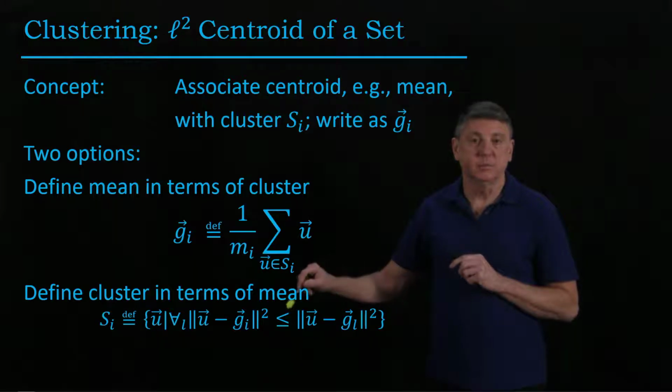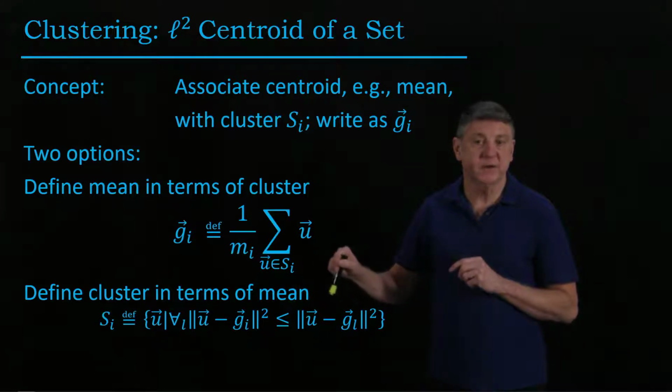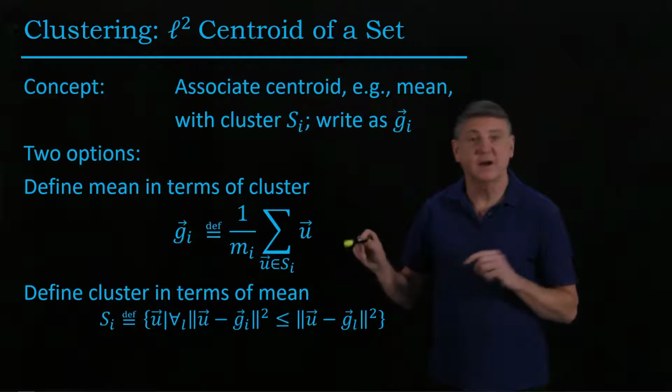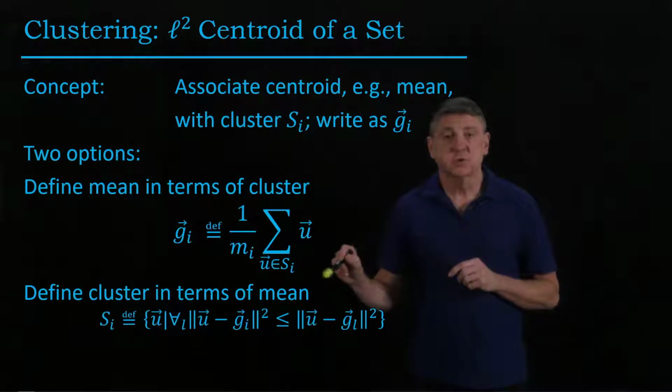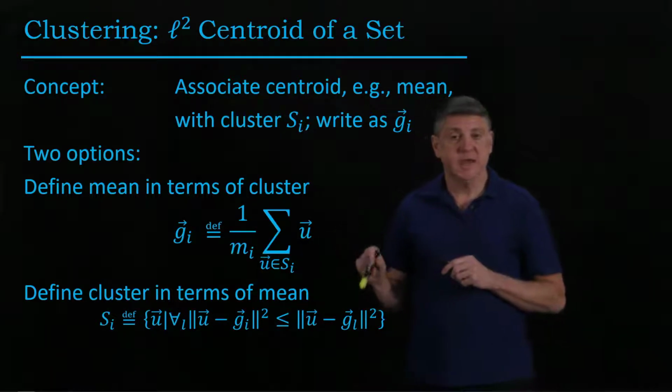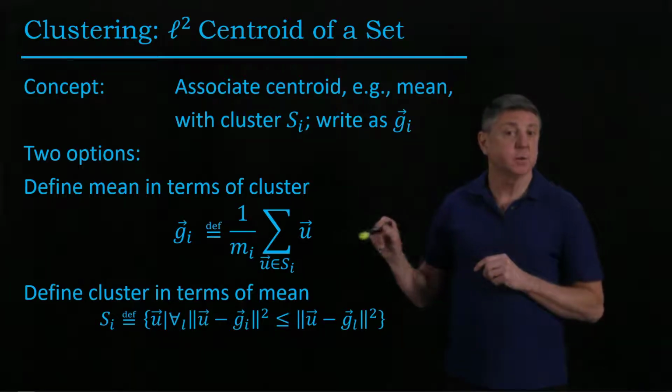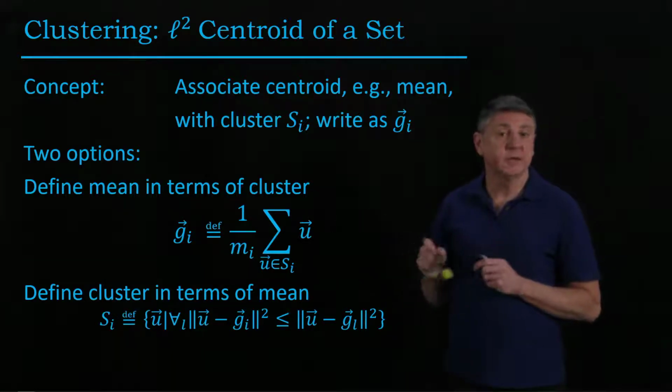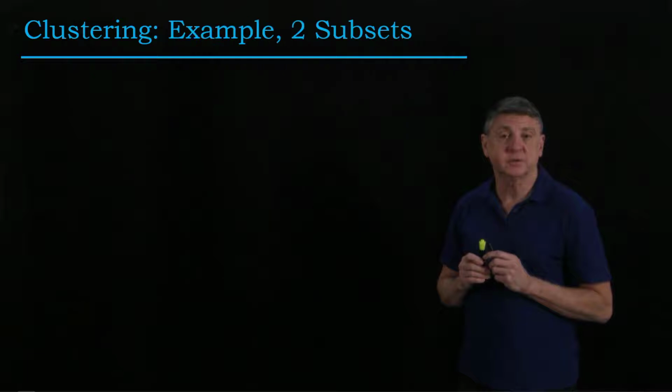And here we put in a less than or equal so that we don't have to fuss over whether i equals l, etc. So these are two definitions, and when we go to do computations, what we'll end up doing is alternating between these two definitions of a cluster.